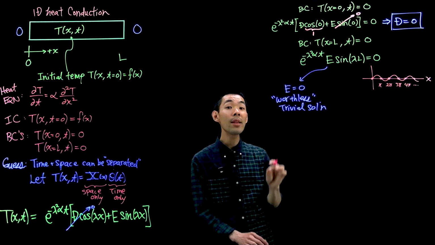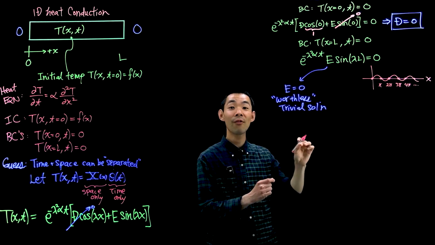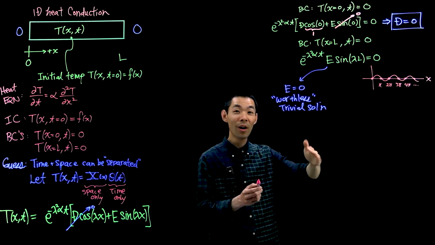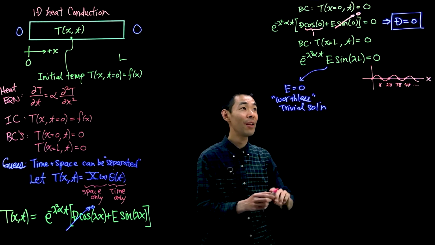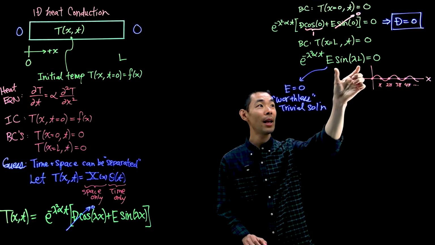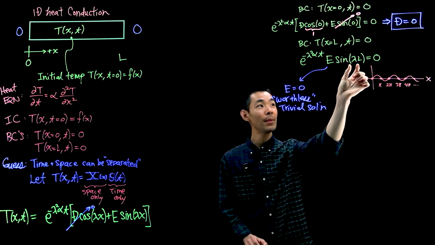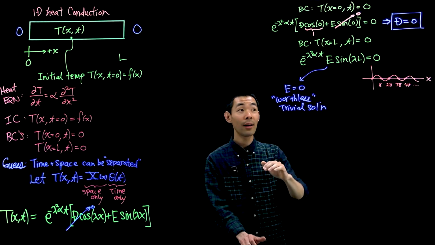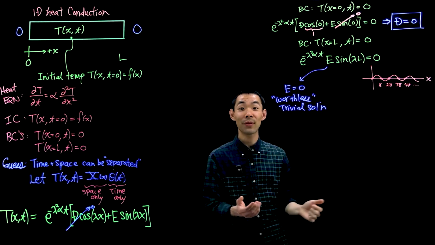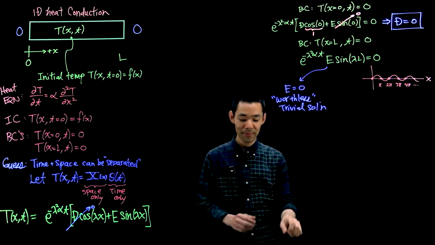So when they're integer multiples of pi, sine crosses the axis. Therefore, if sine of lambda L, where lambda L were pi times integers, then yeah, sine does equal 0 at those values. Let's write this down.